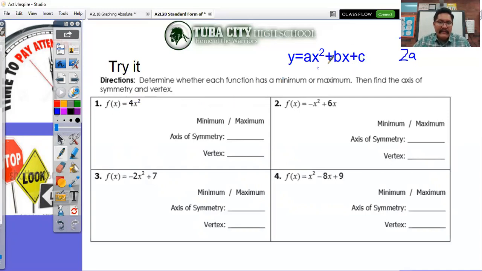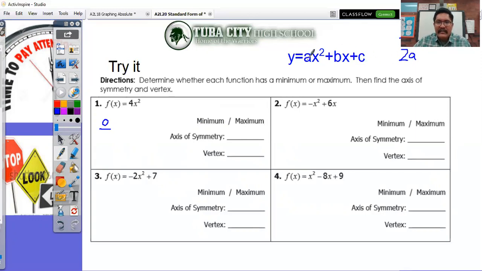So if I'm looking for a b value, I have no numbers that are followed by just plain x, or x to the 1 power. So in this case here, it's going to be 0, plugging it in here. Now it's not going to be negative 0 because there is no such thing as negative 0. Now I have to double the a value.